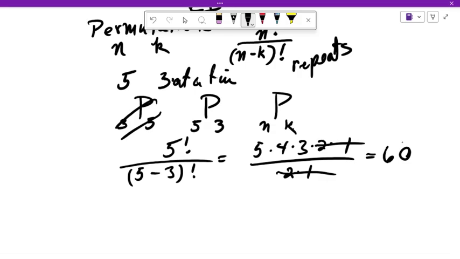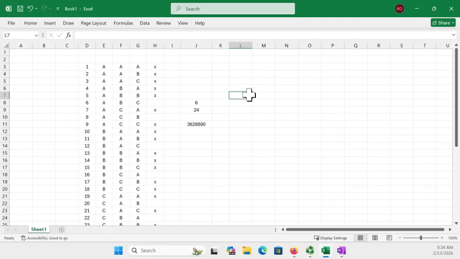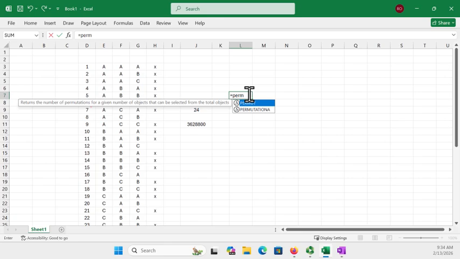So that's a permutation. And in Excel, this is equals PERMUT. Permutation, permute in Excel.